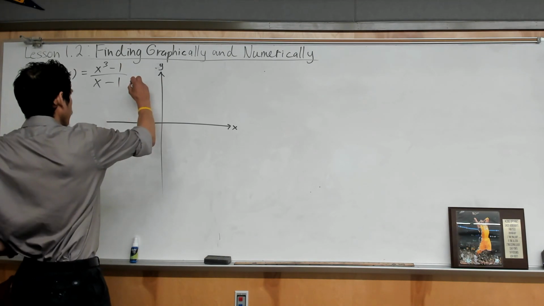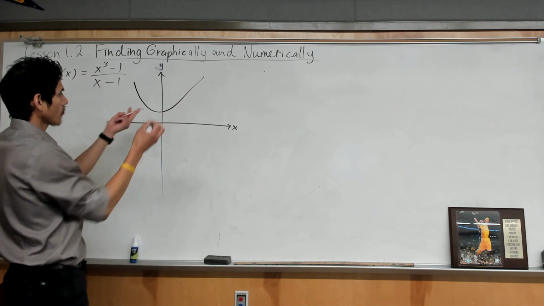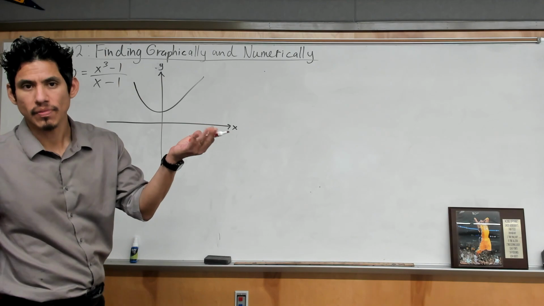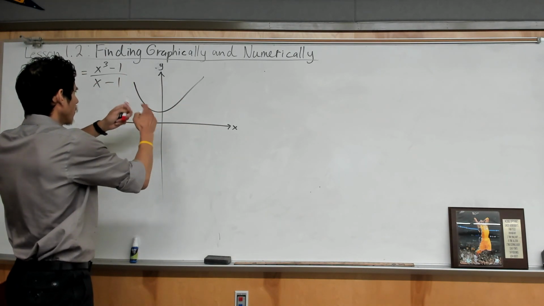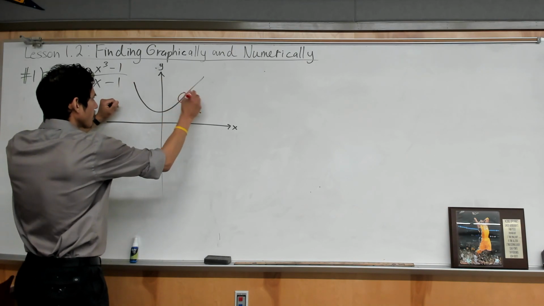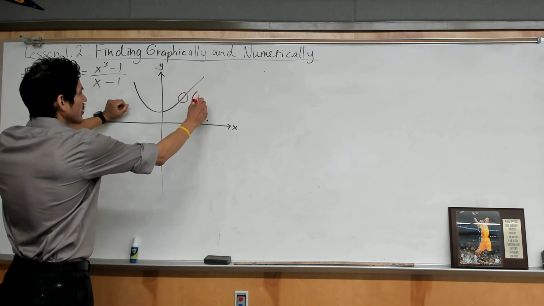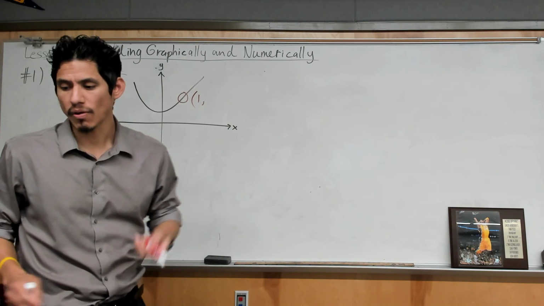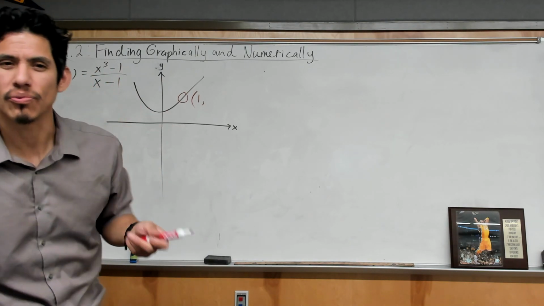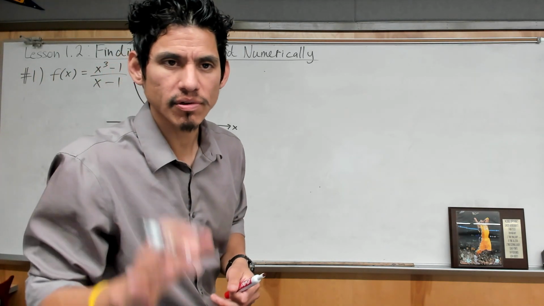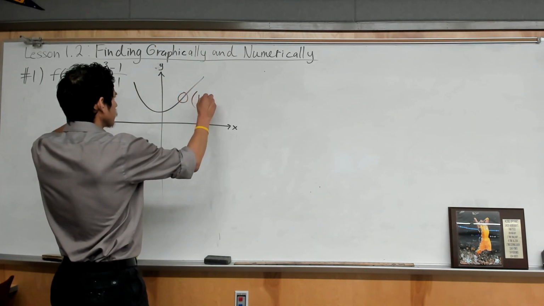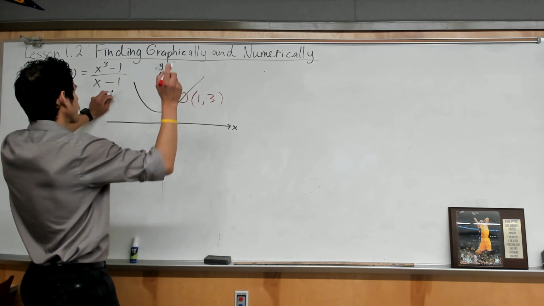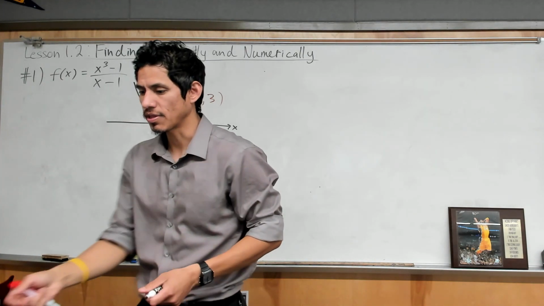So for this graph, we have essentially an undefined value at x equals 1. So at the point 1 comma 3. Sorry, my camera just blanked. I'm new at this, as you can tell. Not new at math, but new at this camera recording thing.